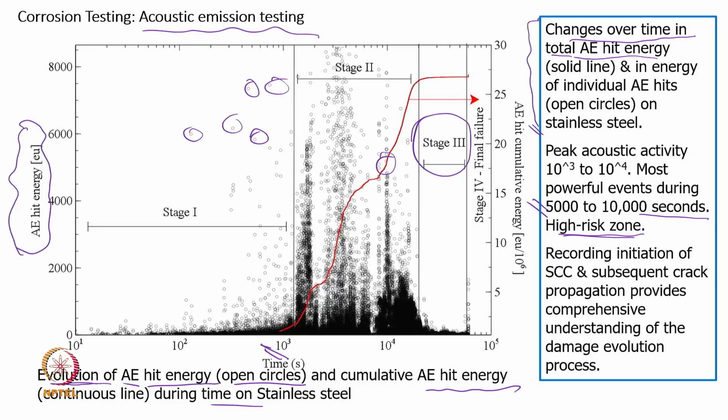And so, what we are saying is that recording the initiation of SCC and subsequent crack propagation provides a comprehensive understanding of the damage evolution. So, the acoustic emission method is very good if you want to understand the complete mechanism. This is important for us.